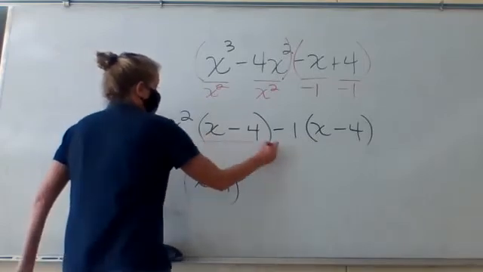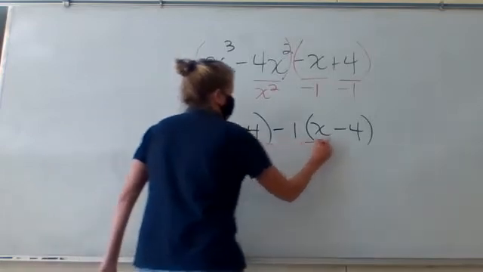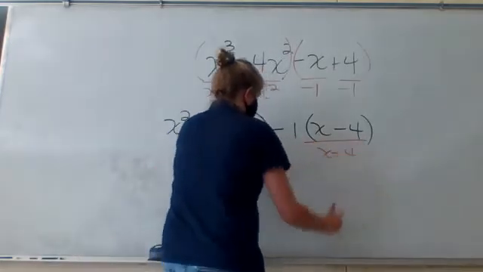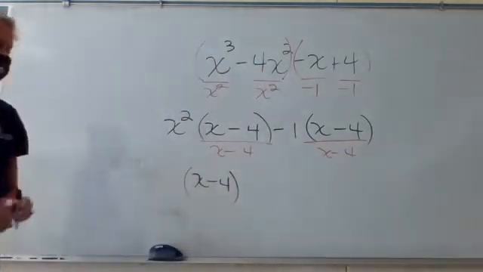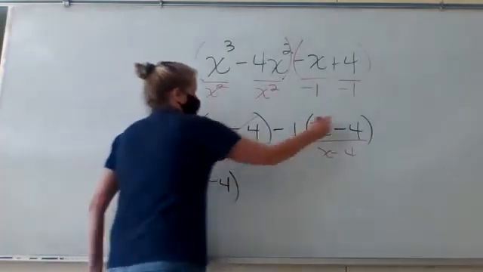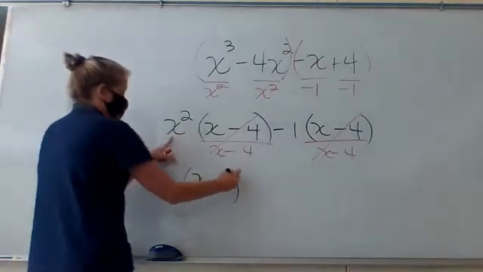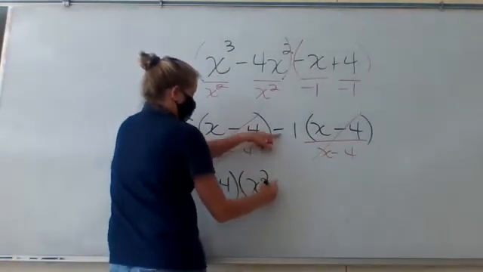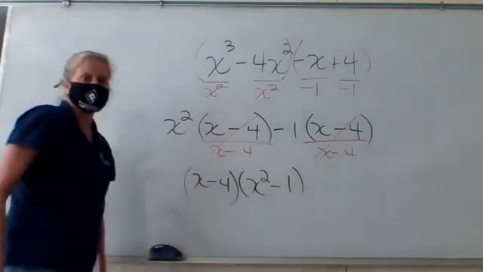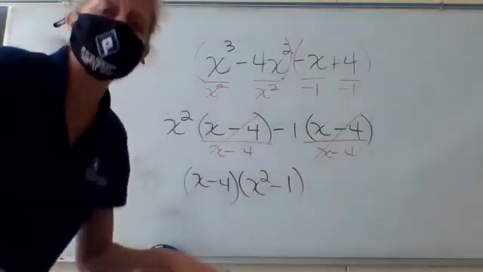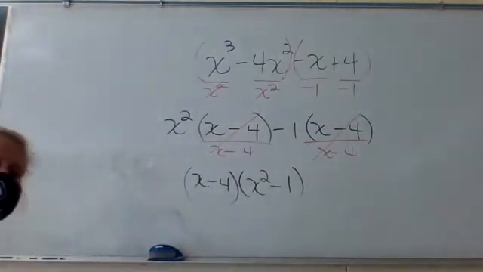And if that's what I pull out, that's what I divide by. So those cancel. So what's left for my second parentheses? X squared and minus 1.